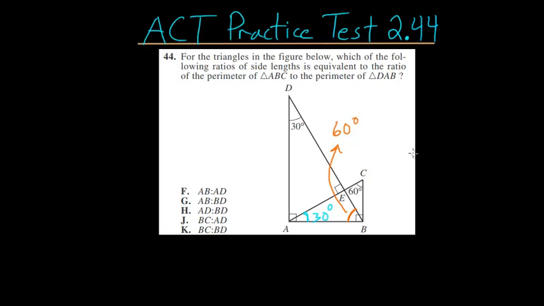Or in other words, since they have the same angles within them, we know that these two triangles are similar to each other. So let's take a closer look at a simple example of similar triangles, just so that we can better understand their properties. So let me make a quick sketch of two similar triangles.